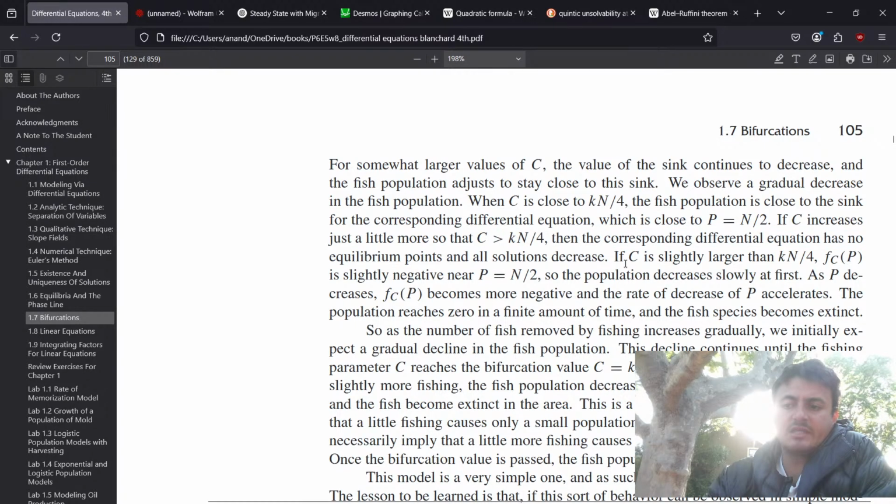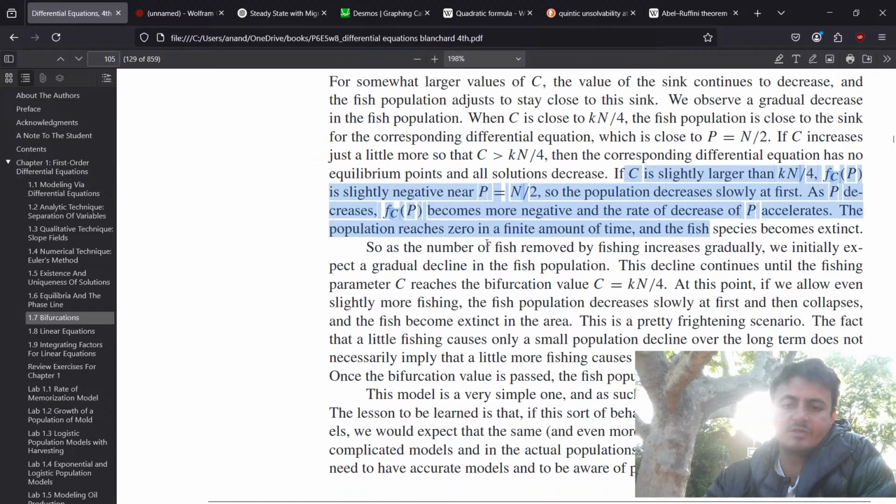If C is slightly larger, F_C is slightly negative, so the population decreases slowly. As P decreases, F_C(P) becomes more negative and the rate accelerates. The population reaches 0 and the fish go extinct.